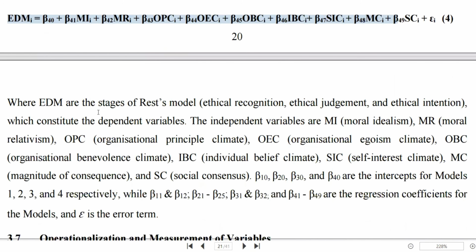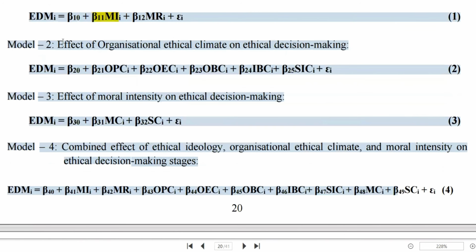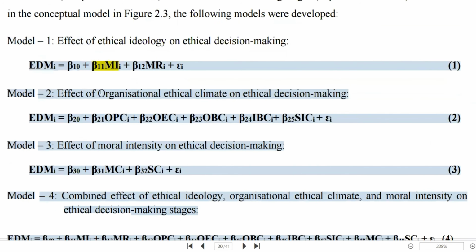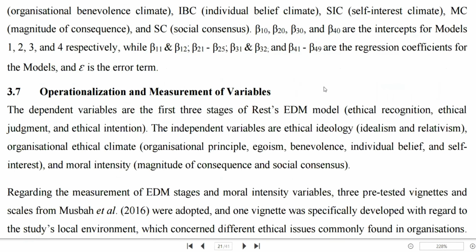Where EDM is the stages of the model, which constitutes the dependent variable, and the independent variable MI is moral idealism. So when you are writing your model, use abbreviations. Then it is here that you expand and tell us what you mean by the abbreviation. COEC, organizational egoism climate. So that is what we mean by that.